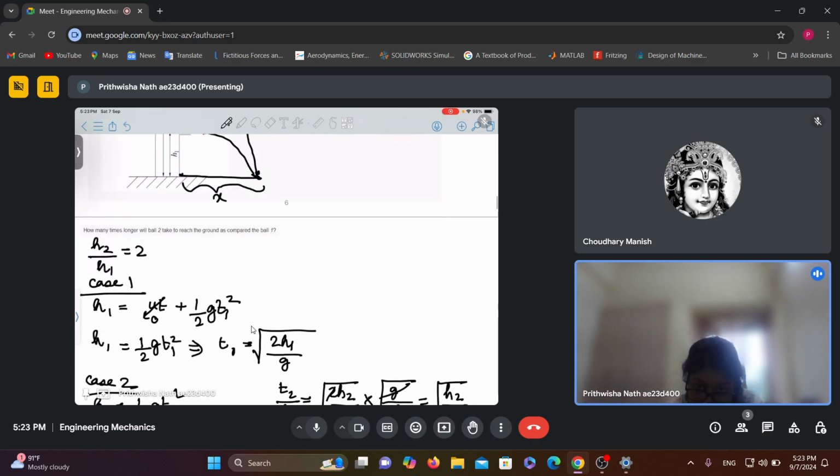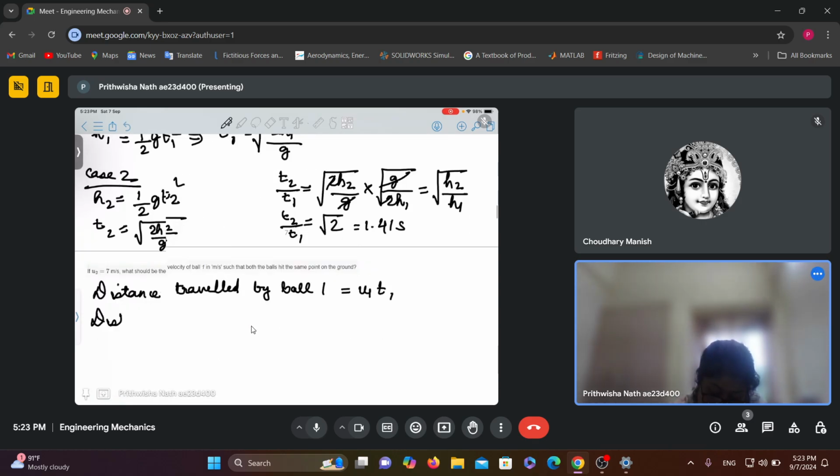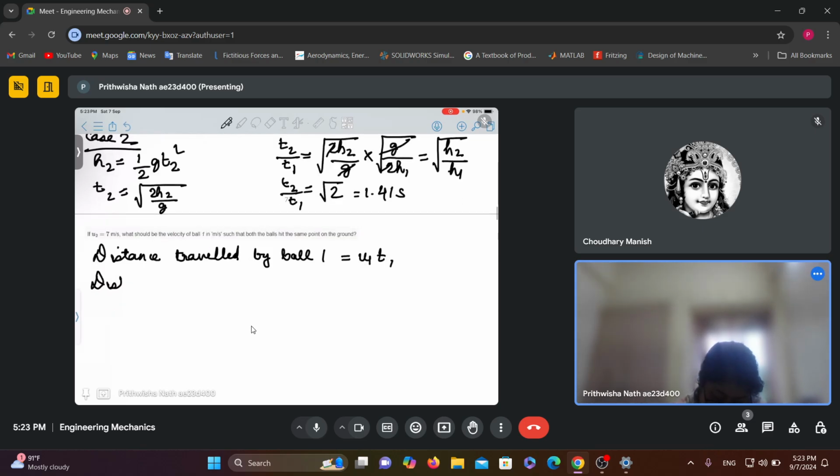So there is no acceleration in the x direction, so we can simply write it like this. Now distance traveled by ball 2 is U2 T2.